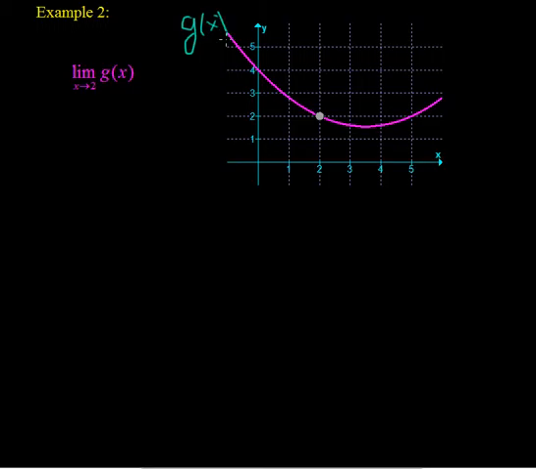The question is asking what g of x is approaching as x approaches 2. Right there you can see our answer: g of x is approaching 2 as x is approaching 2. So we say that this is equal to 2, and that's our answer.